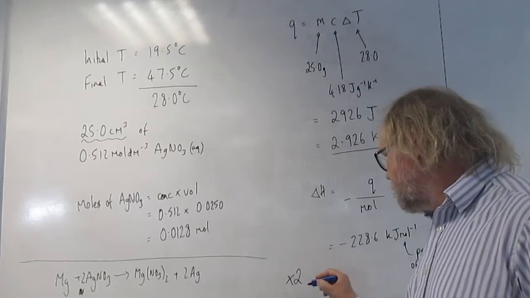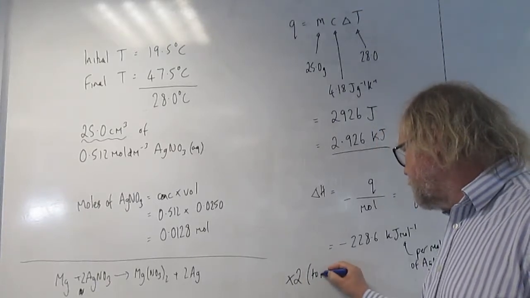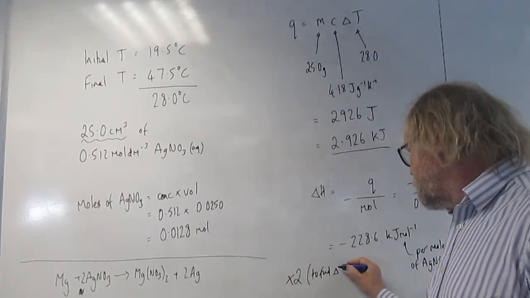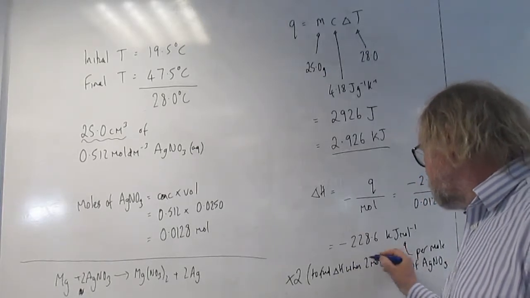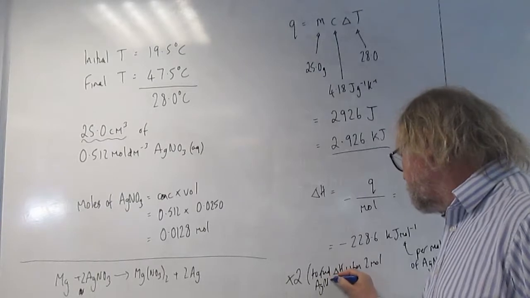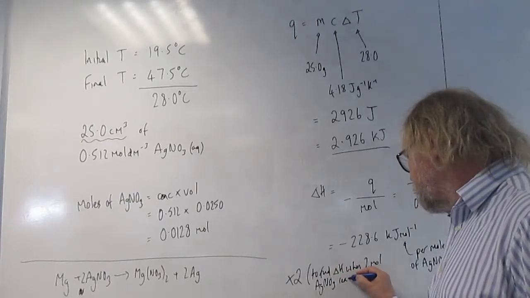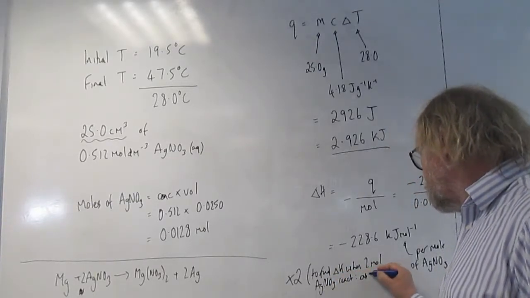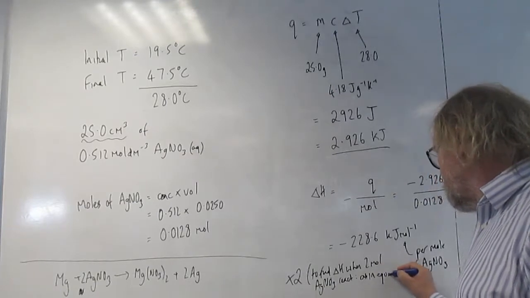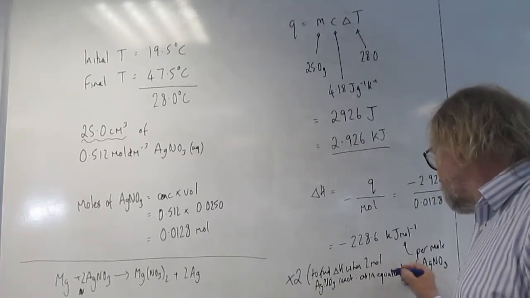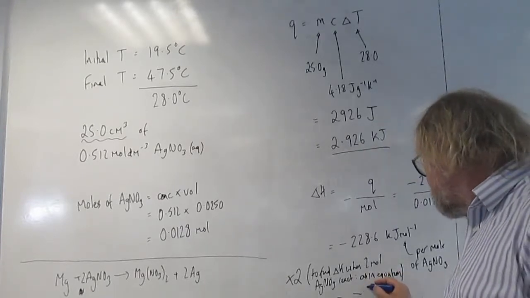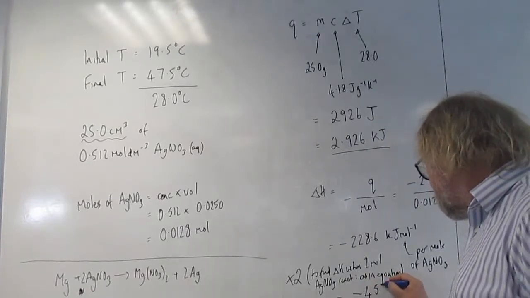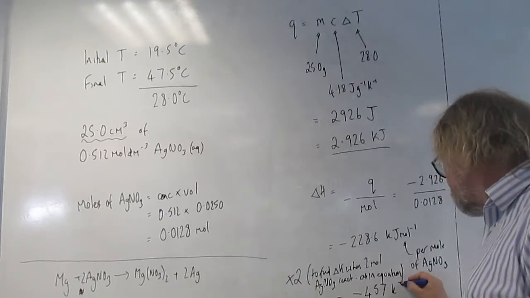So we just get times 2 to find delta H when 2 moles of AgNO3 react, as in the equation. And that's going to give us our final answer, which is minus 457 kilojoules per mole.